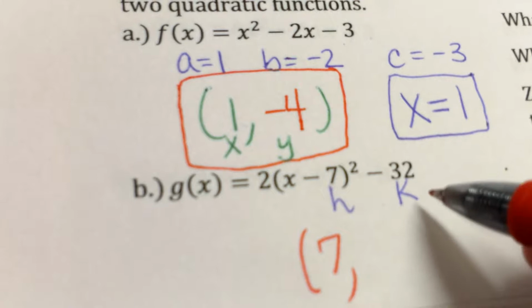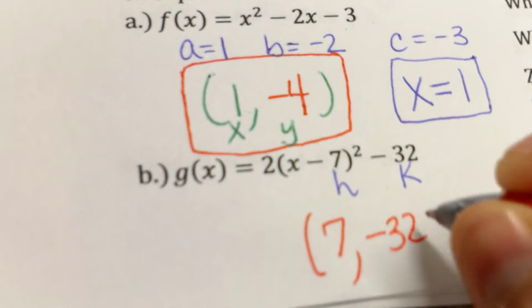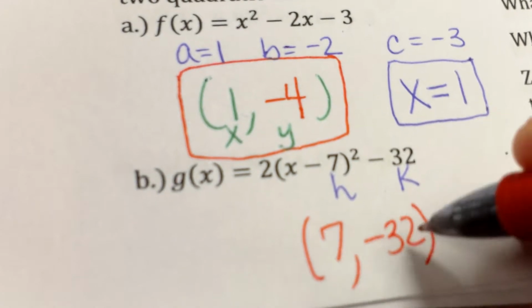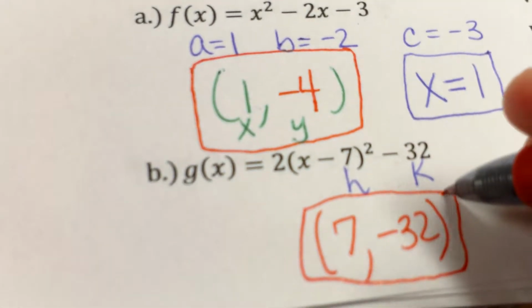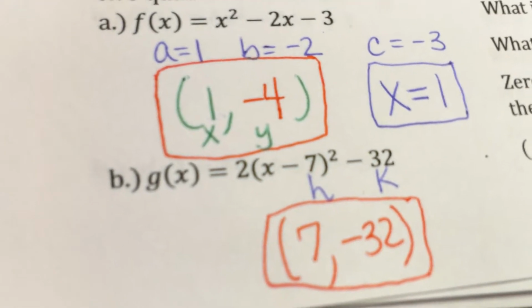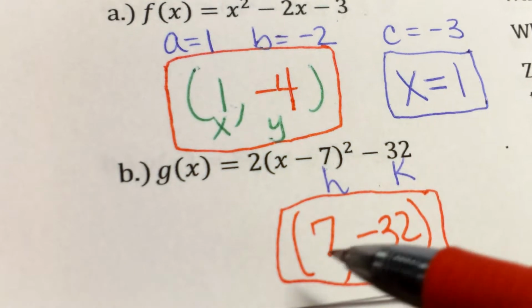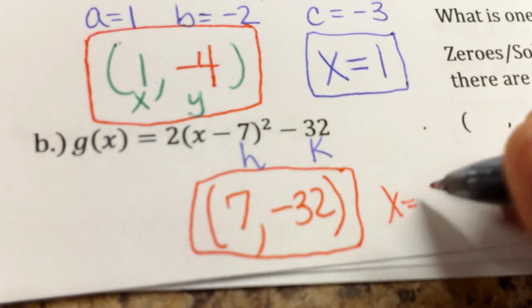And your k is just this part at the end, which is negative 32. So that would be your vertex, x, y: 7 and negative 32. And your axis of symmetry is always the first. So that's x. So x equals 7.